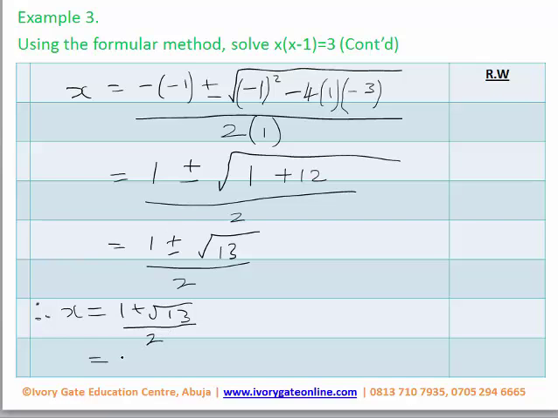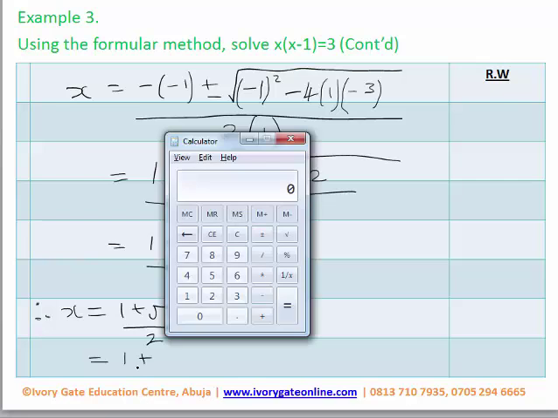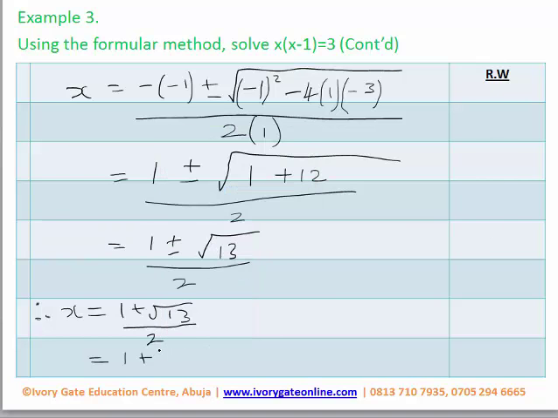So we'll use our calculator or mathematical table to determine that. So here we have 1 plus, okay, let's pull out our calculator. We have 13, square root of that is 3.61, 3.61 all over 2.